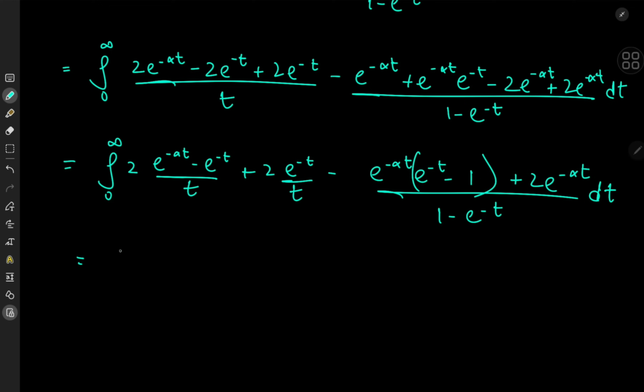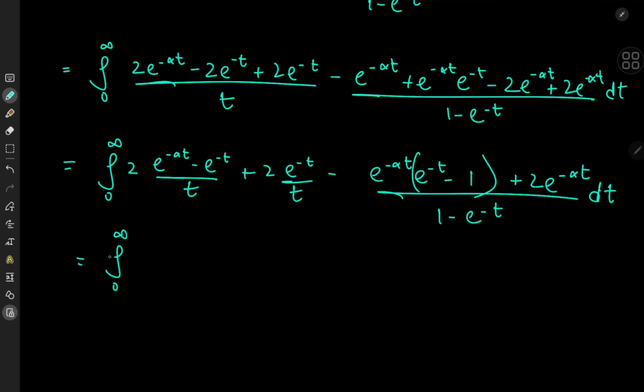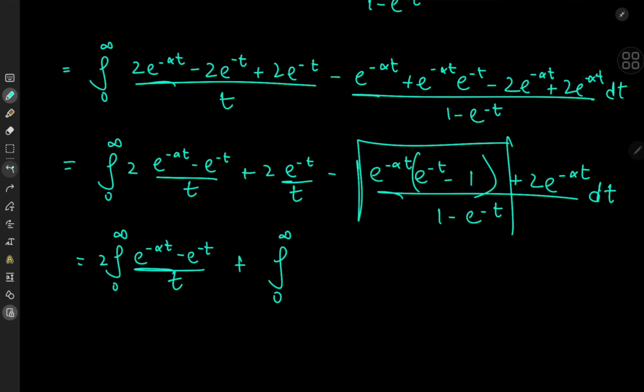So I will now invoke the linearity of the integration operator and write this as twice the integral of (e to the negative alpha t minus e to the negative t) over t plus, we do have one integral from 0 to infinity, minus sign, but I'm just going to write a plus sign for this term in particular.